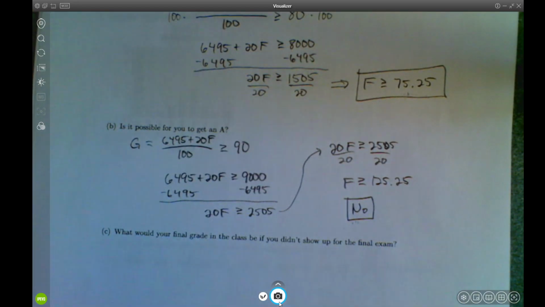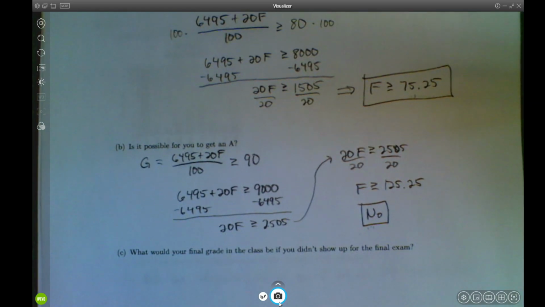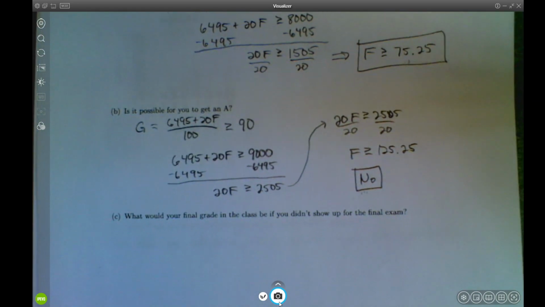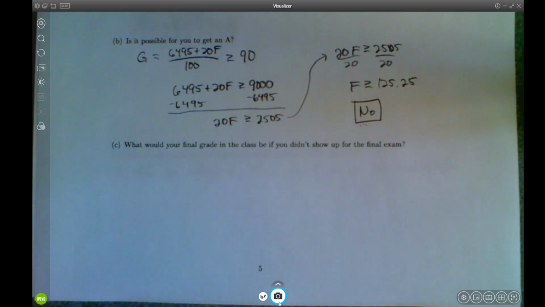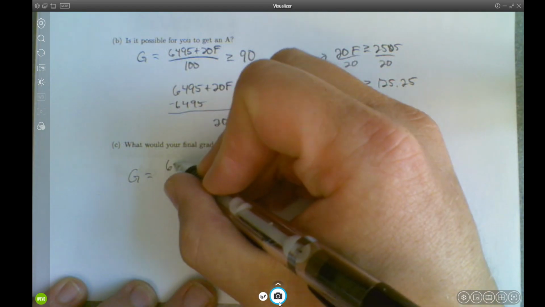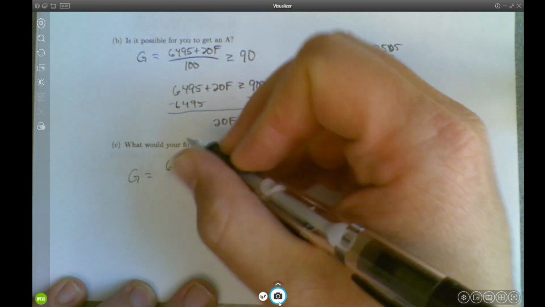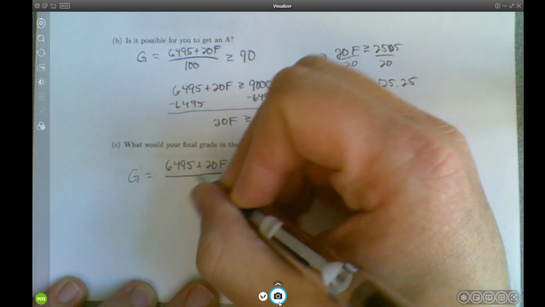Sometimes students get really confused by this and they think, oh, okay, so I've already passed the class and I don't need to show up for the final. And that would be a bad idea. Let's calculate what your final grade in the class would be if you don't show up for the final exam. Remember your grade is 6495 plus 20 times f over 100.